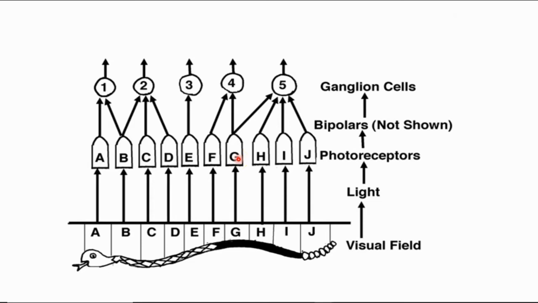Each bipolar cell, which is not shown here, receives input from many photoreceptor cells, and each ganglion cell receives input from many bipolar cells. The receptive field of each photoreceptor corresponds to the portions of the visual field with the same letter.